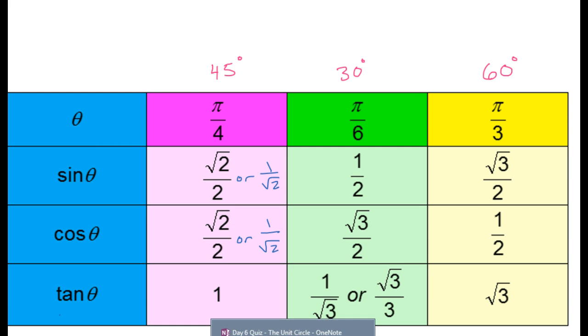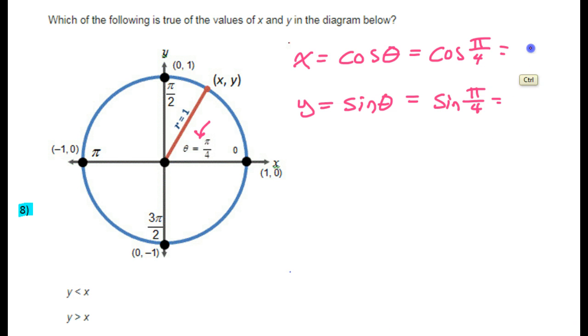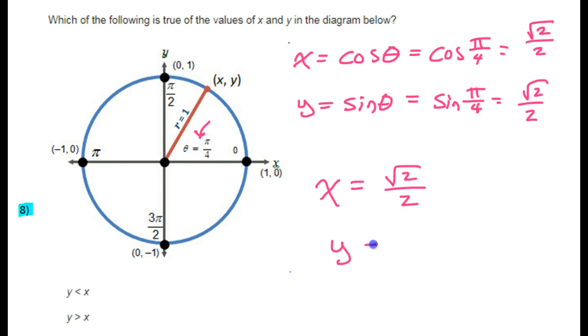Okay, good to know. So both of these have a value of radical 2 over 2. That means, just to clean it up a little bit more, x is radical 2 over 2 and y is radical 2 over 2.